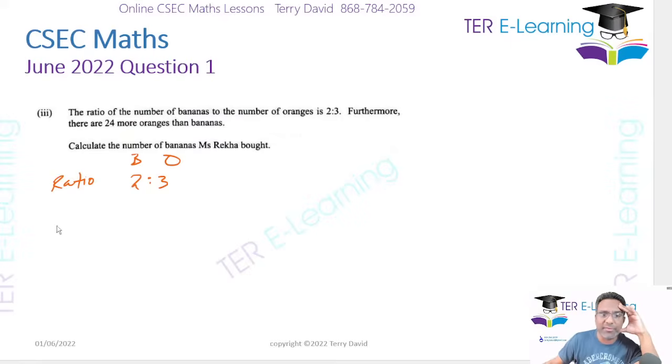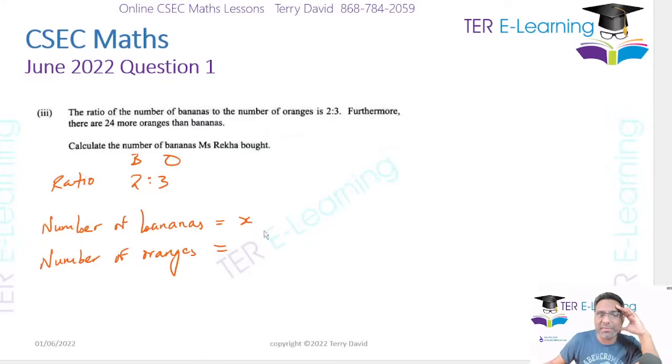So therefore, in terms of numbers, the number of bananas, let's call that x, and the number of oranges, they said we have 24 more oranges than bananas, so it's going to be x plus 24.